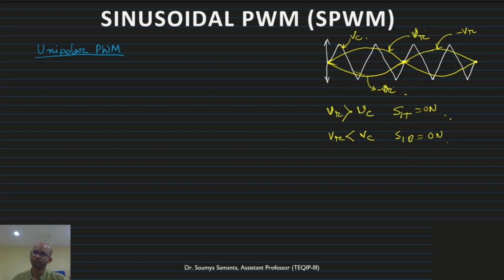That is the condition. And what will be the output voltage? What is the structure of this inverter? Suppose this is the DC link voltage.